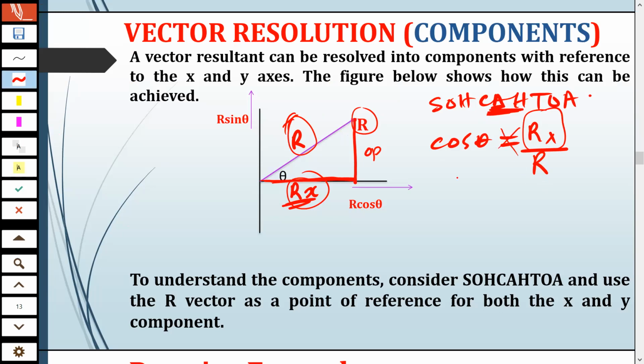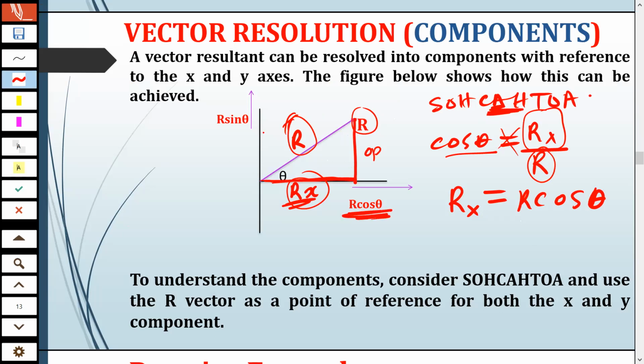So we cross multiply. So the X component of this vector R is equal to R times cos theta, which gives us R cos theta. So this is where they got this R cos theta.